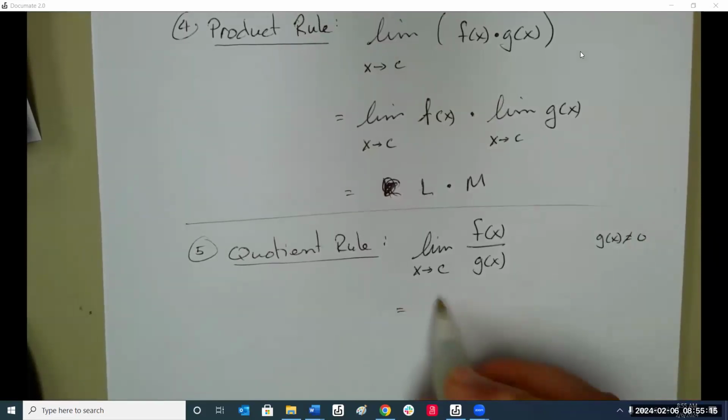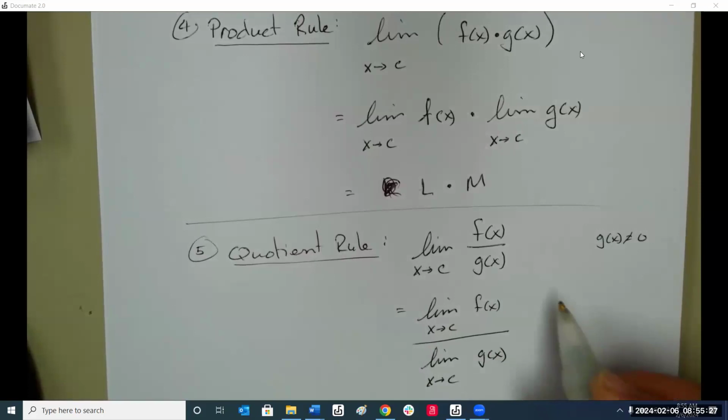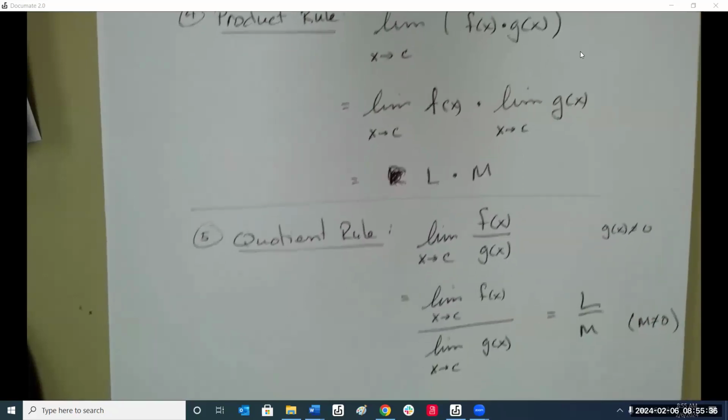So what this says is I could take the limit of both the top and the bottom separately, as long as the limit of the bottom is not equal to zero.